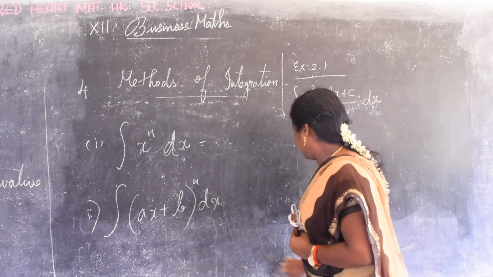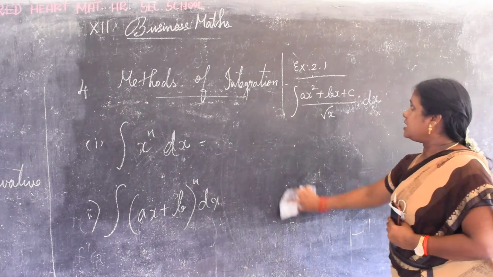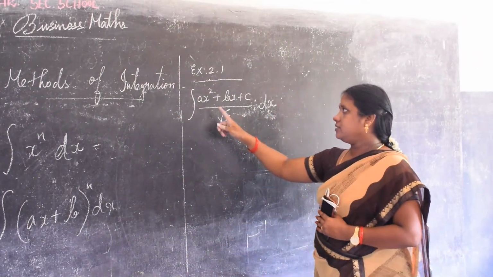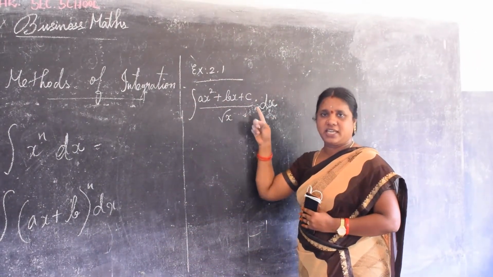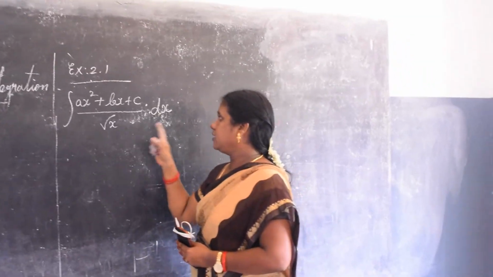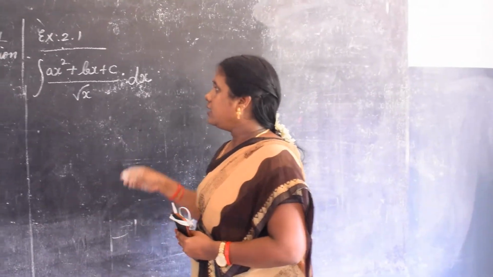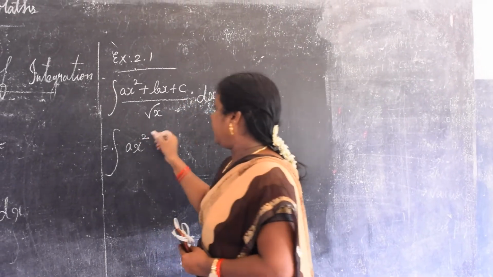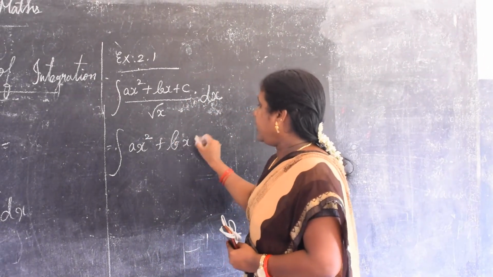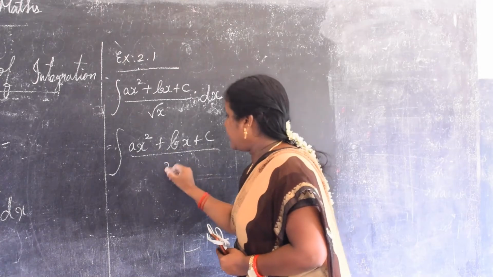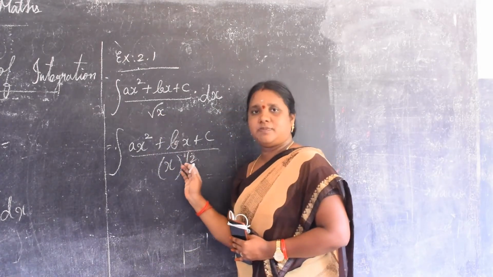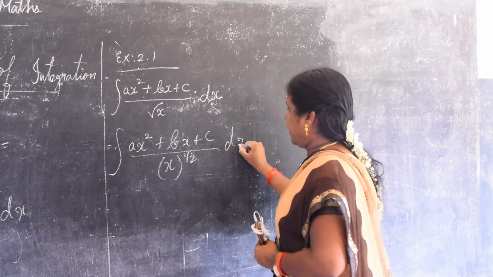Listen here. See, our first problem is integral ax square plus bx plus c divided by root x dx. Now I am going to write it as integral ax square plus bx plus c, and root x I am going to write as x power 1 by 2, dx.